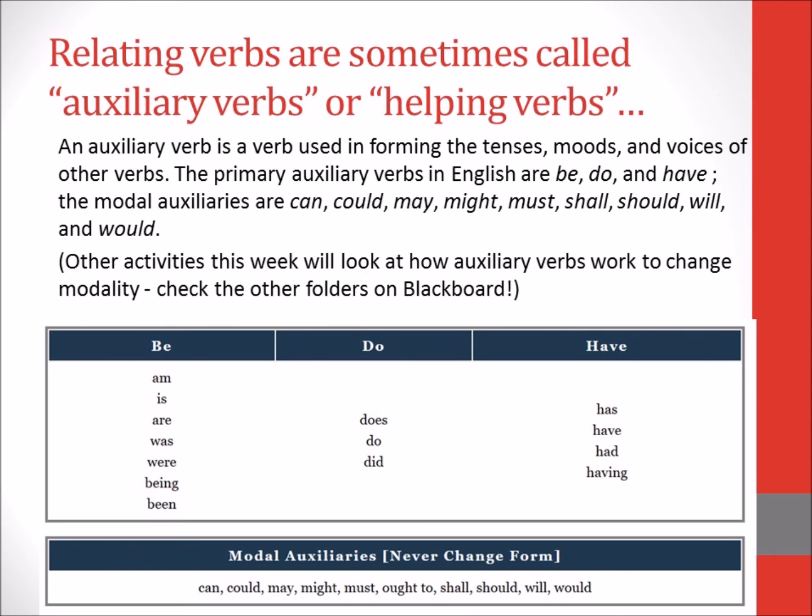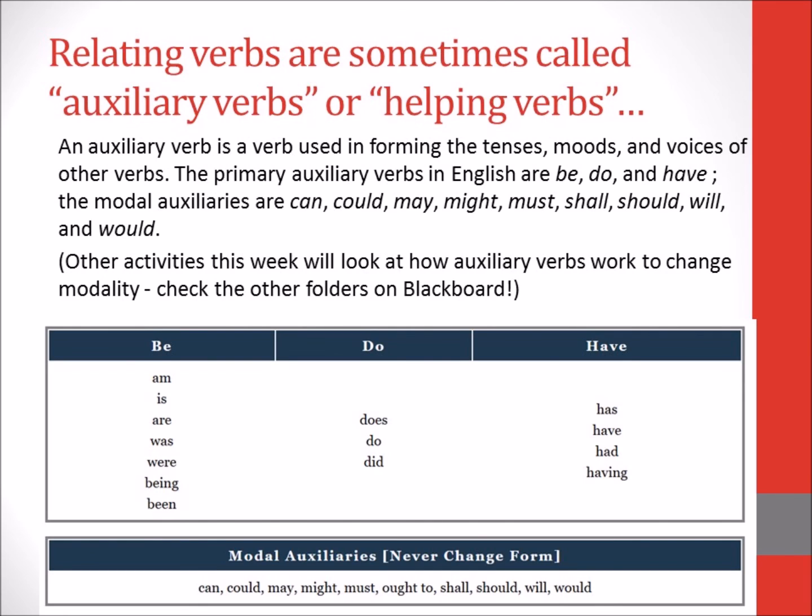So remember, we've got the auxiliaries that are helping. So if I have a sentence that says I am running, I've got am running as the verb group there. Am being the auxiliary or the helping verb, and running being my main verb. Sometimes we add in the modal auxiliaries to help talk about how likely something is to happen or how obligated I am to do that thing.